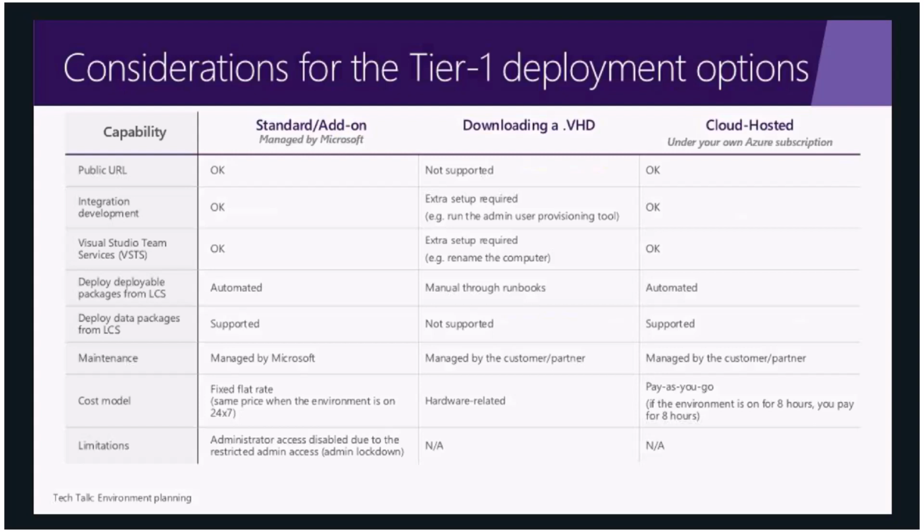As you can see, whether it's cloud-hosted or standard add-on, there's a strong integration between the environment, deployment, and the tooling in LCS. You can see it with VSTS, for example. So whenever you use the VHD, keep in mind that you may leverage your hardware, but you're going to have manual activities to maintain this environment and to use it actually.